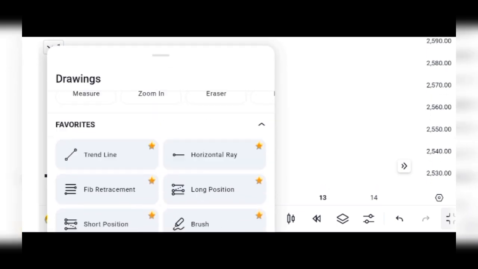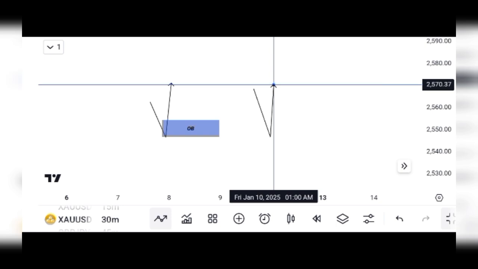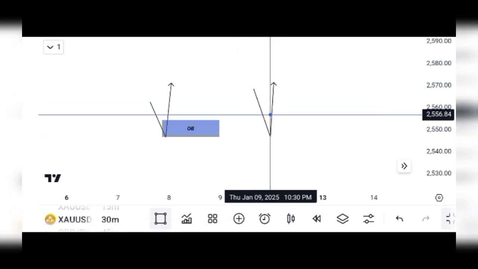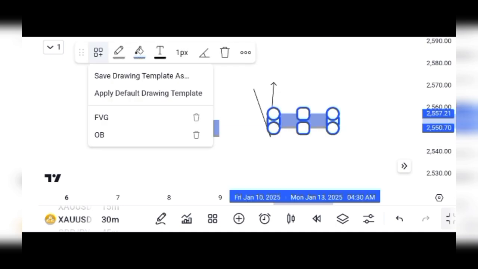Here is another entry, which is your fair value gap.